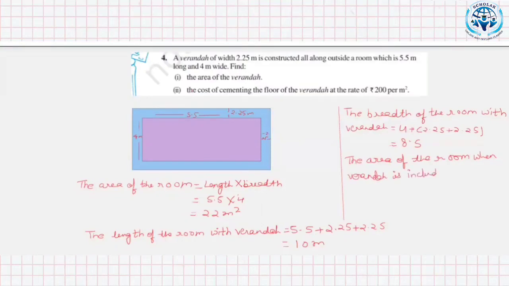Now the area of the room with veranda, 10 into 8.5 is equal to 85 meter square.